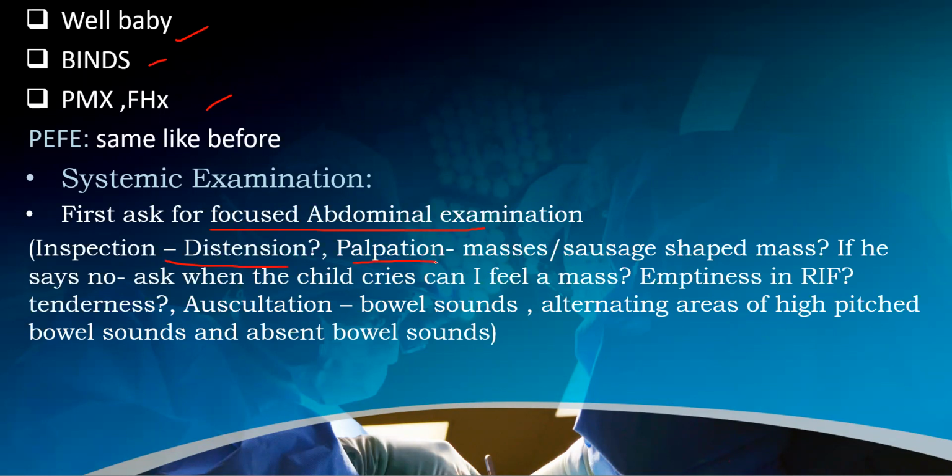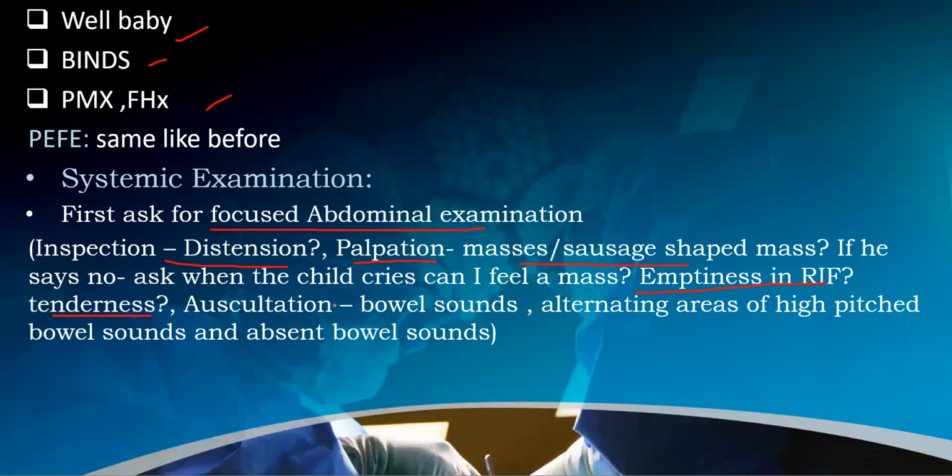On palpation, you are looking for any mass, especially a sausage-shaped mass. Also look for emptiness in the right iliac fossa. Sometimes in children tenderness is not possible to find out, but you can ask for it. Mainly you are looking for a mass and emptiness in the right iliac fossa. These are positive in intussusception.